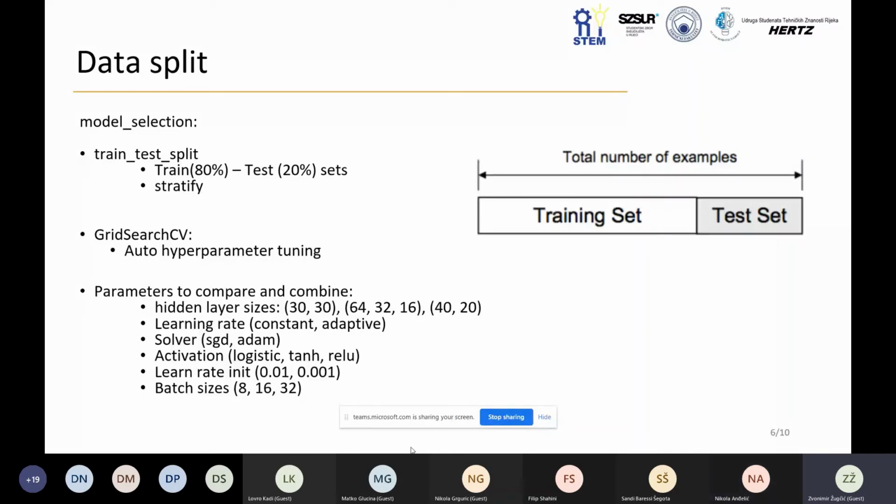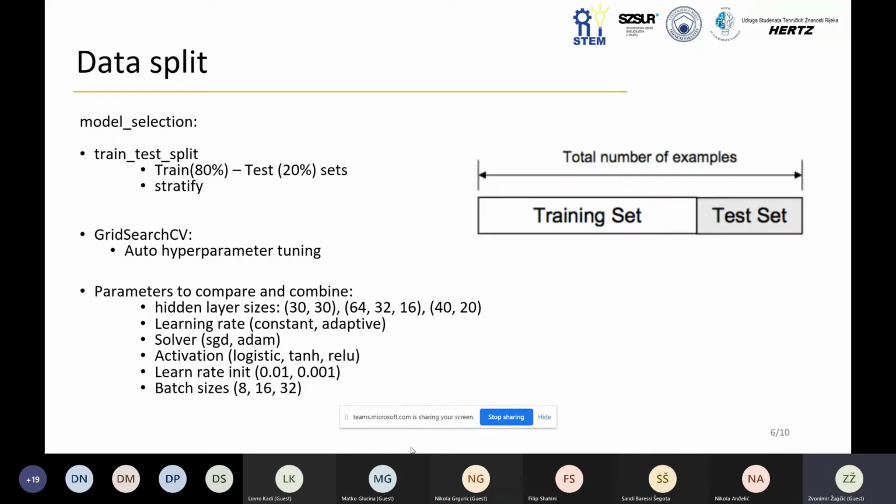So we tried different hidden layer sizes with 2 hidden layers and 3 hidden layers, different solvers and activation functions, and most of them got the base accuracy to 70%.